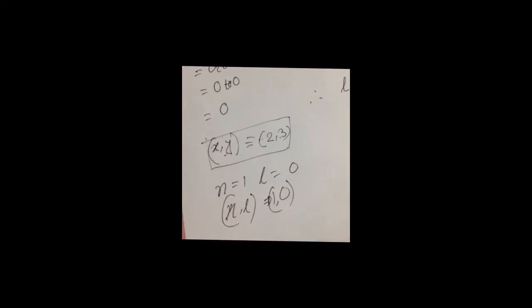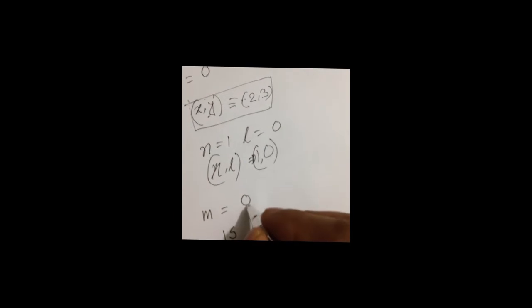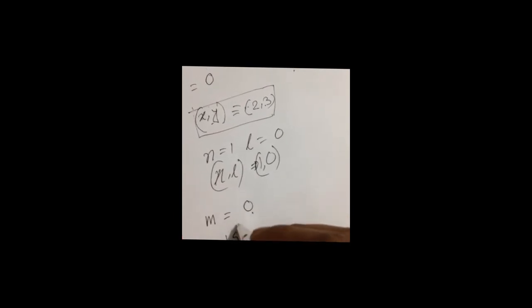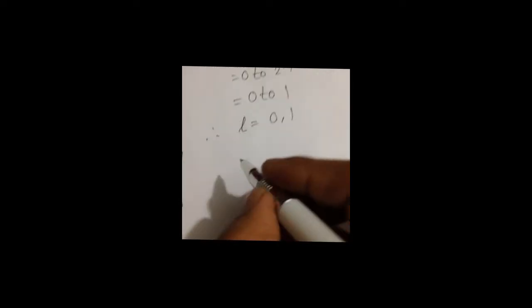So the value of m equals 0. This represents the 1s orbital, and each m value represents 2 electrons. So in 1s there will be only 2 electrons. Okay, now go for the second one.